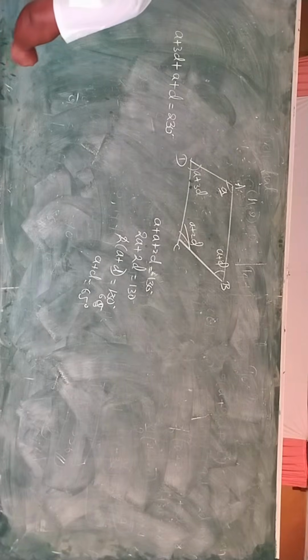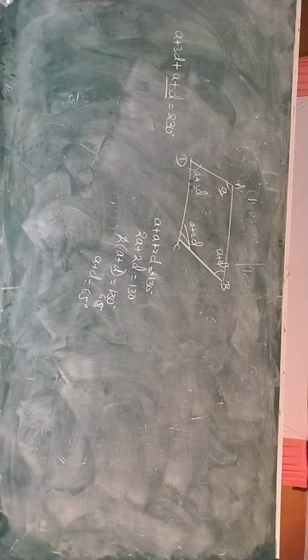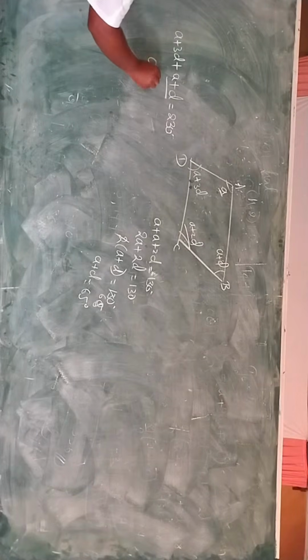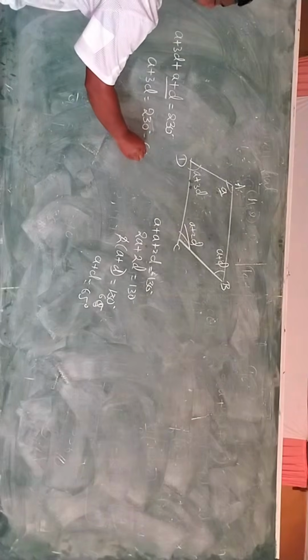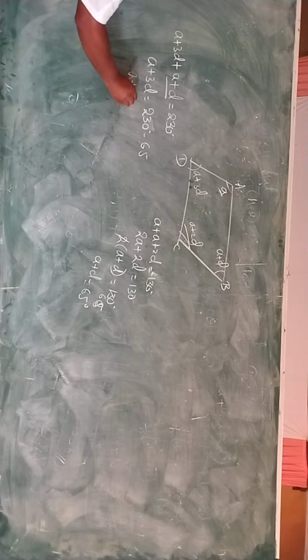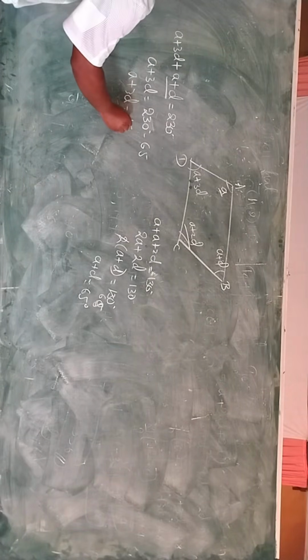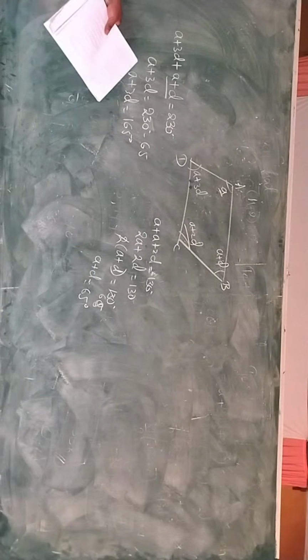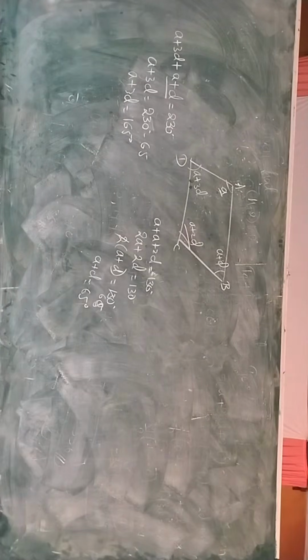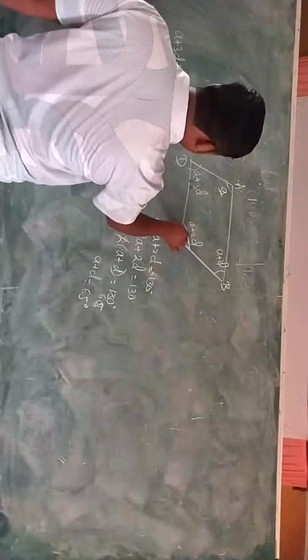Now a plus d is already calculated, that is 65. a plus 3d is equal to 230 minus 65, so a plus 3d is equal to 165. Am I right? 165 plus 65 is 230.